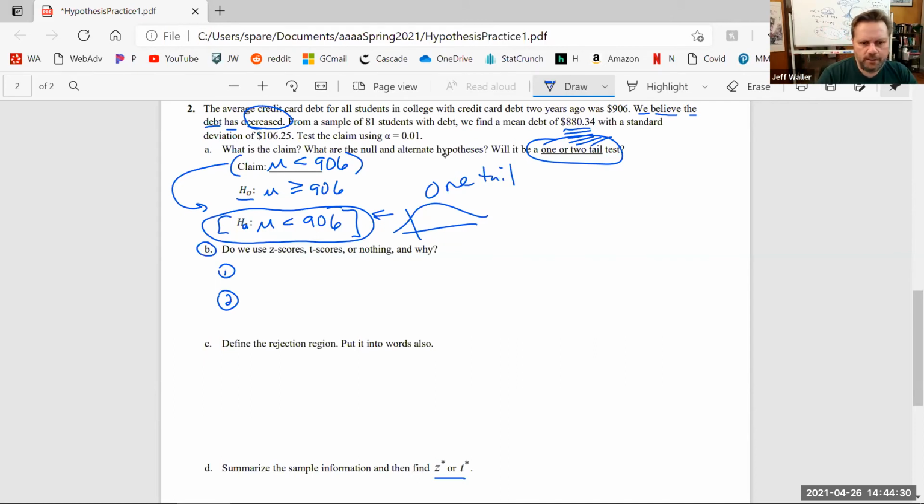Normally the sample size is going to be big enough, but sometimes they'll just say it's normal. And be careful, it's not just whether the standard deviation is known, but which standard deviation is known. Do we know sigma? No. Sigma unknown. So we must use t-scores.